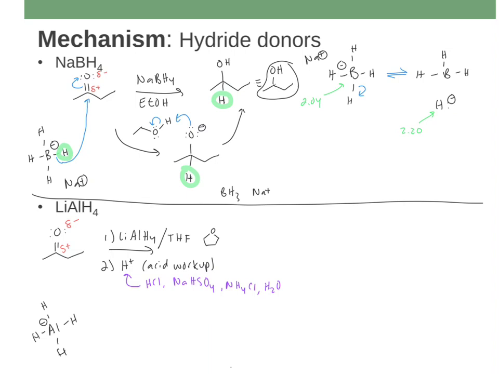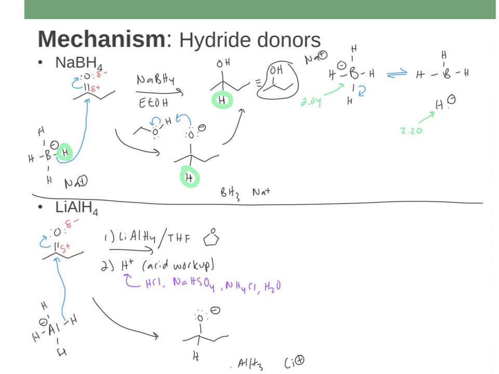So you're going to see the same thing, where I'm going to have the H go and attack the carbonyl. Those electrons kick up. Again, it's a one-way reaction. So now that oxygen's negative, we just added a hydride, and you have aluminum H3, and then plus some lithium hanging out somewhere.